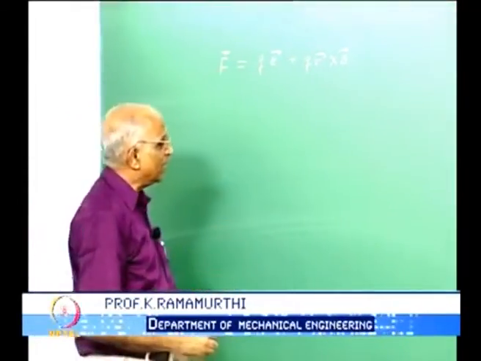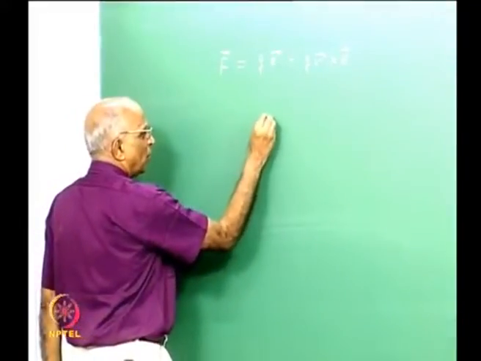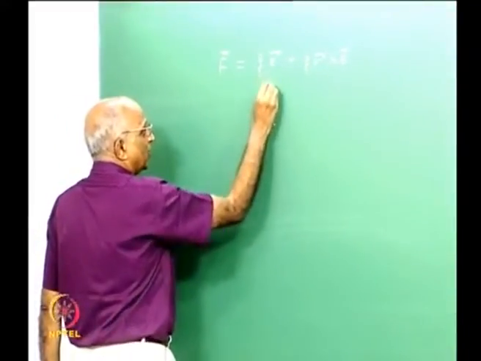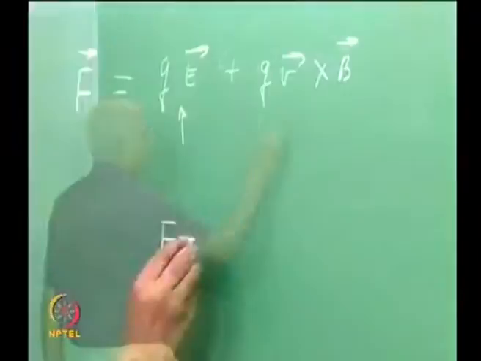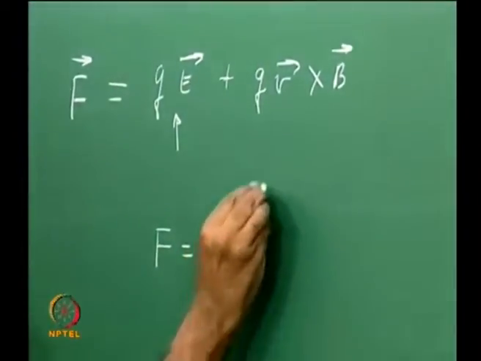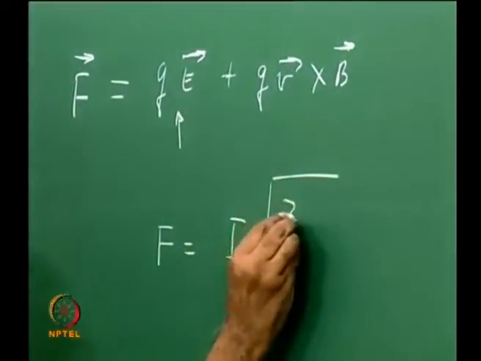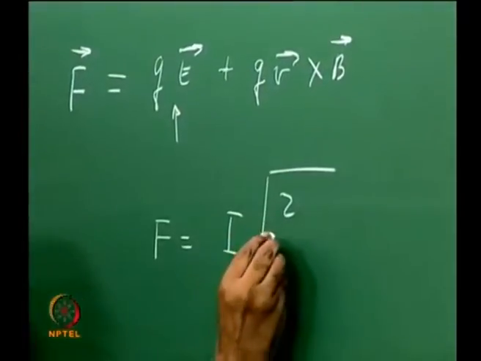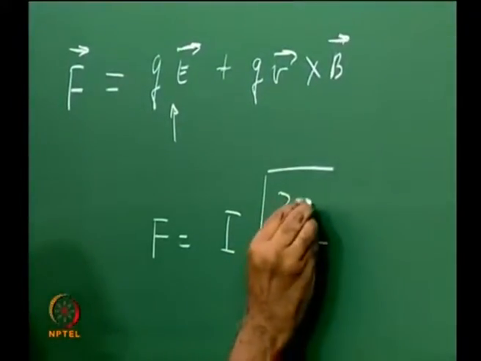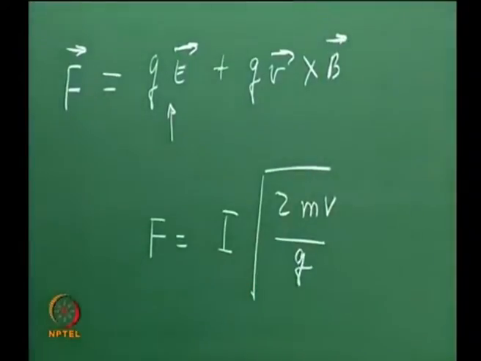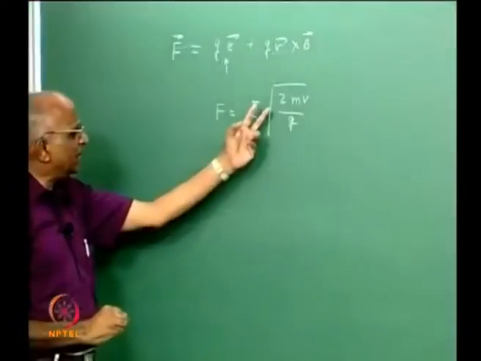We continued with this and we found that the force we could get in the case of the electrical field could be written as the current into something like square root of 2 into mass divided by Q into the voltage. And how did we get this?